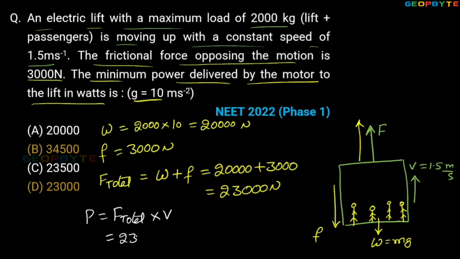Total force is 23,000 multiplied by velocity 1.5, which equals 34,500 newton meter per second. Because force is in newtons and velocity is in meter per second, it is newton meter per second, or watt. Look at the options. 34,500 is option B. Option B is absolutely correct. Understood clearly?